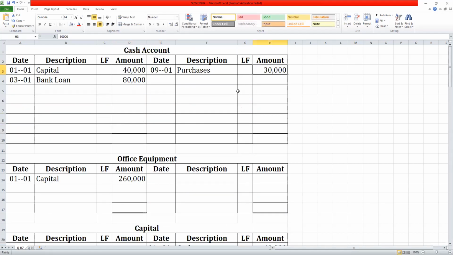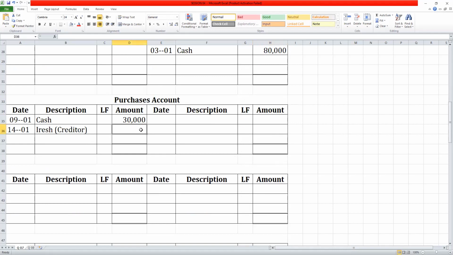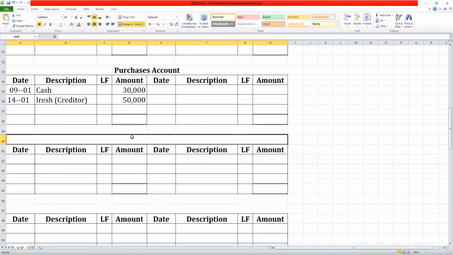Now, credit purchases 50,000. Purchases debit 50,000. We need another account. That is Iresh. Iresh is a creditor. Creditor account, Iresh account.